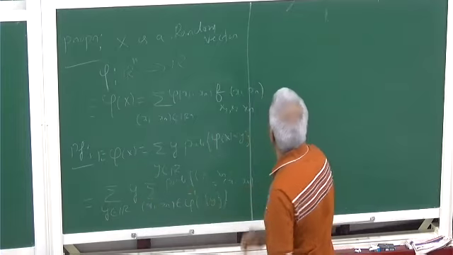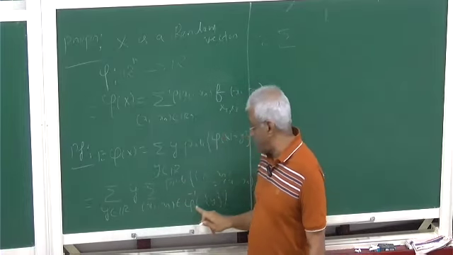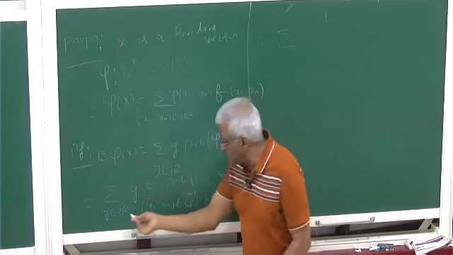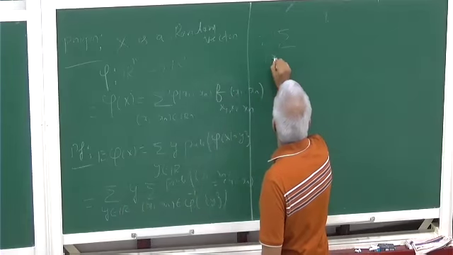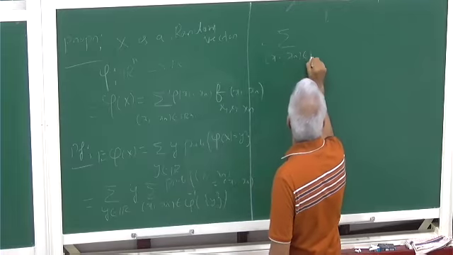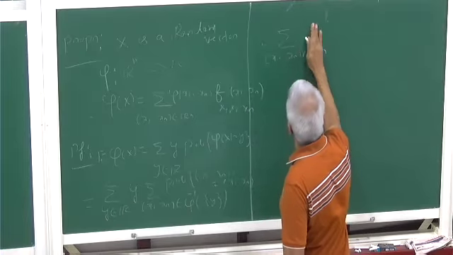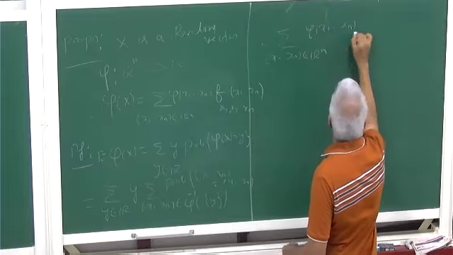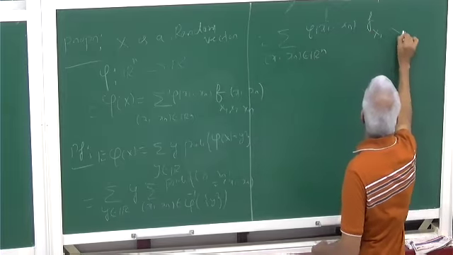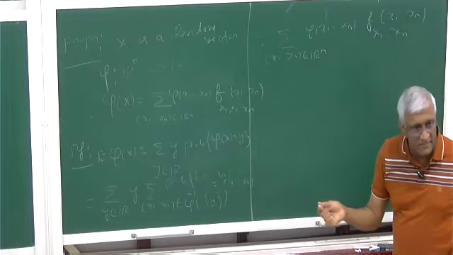Now you just take the summation out, but then phi inverse of y gives a partition of the whole of Rn. So it's the same thing, and we get the sum of phi of x1 up to xn times f of x1 up to xn. Okay, I think it's clear.